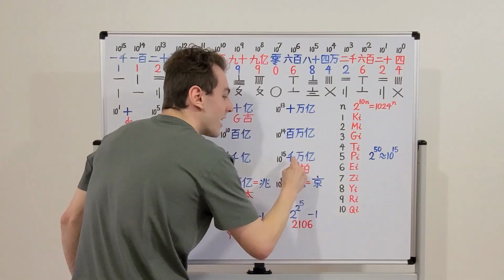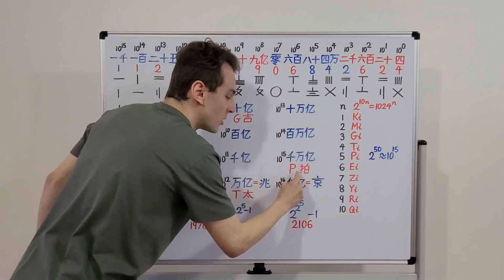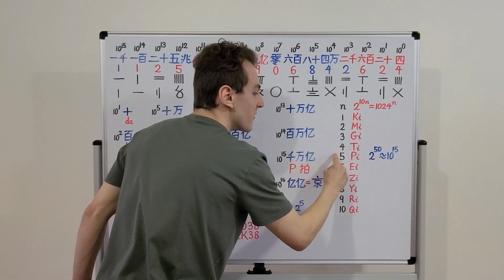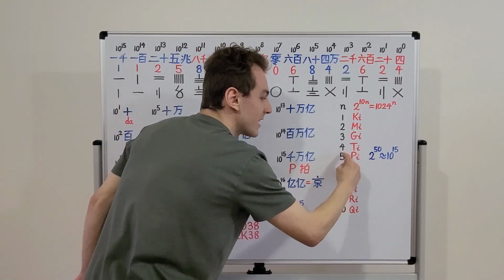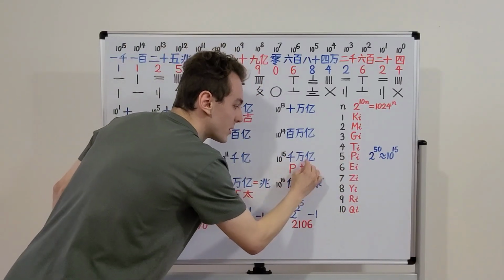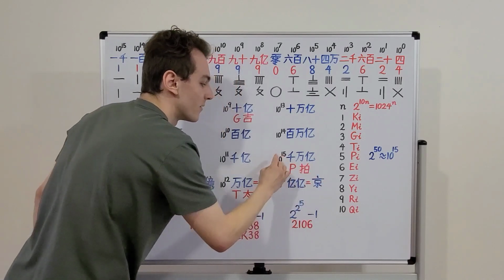For 10 to the 15, we have 1,000 myriad cubed. But we can also use the label peta. So peta corresponds to n equals 5. And peta is analogous to pebi. That's the binary version. And peta can also be written with this Chinese character. So that is for 10 to the power of 15.